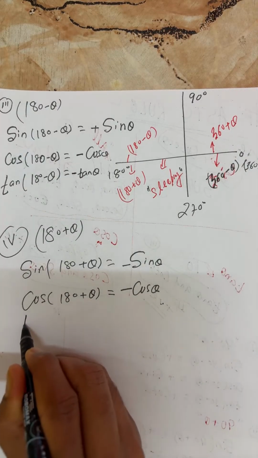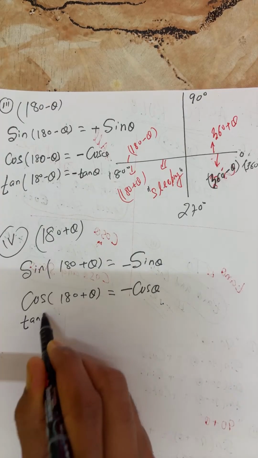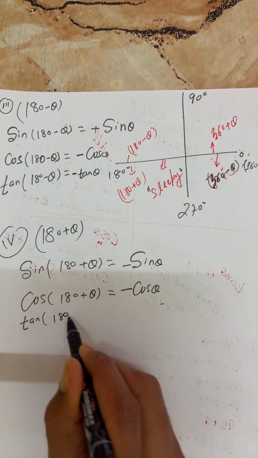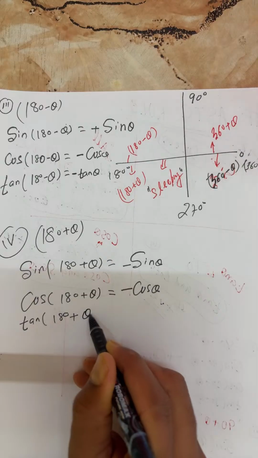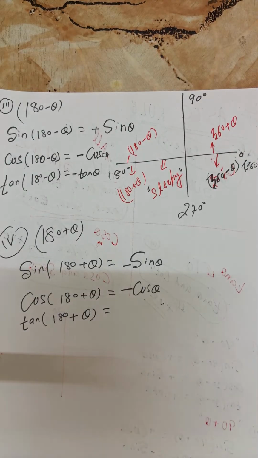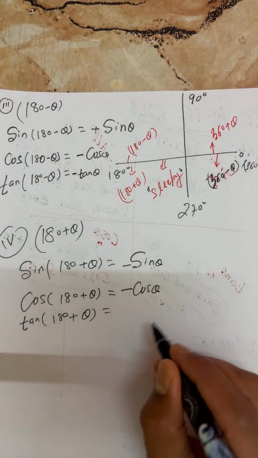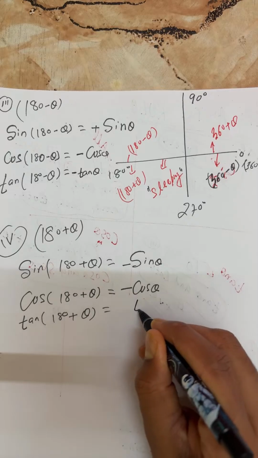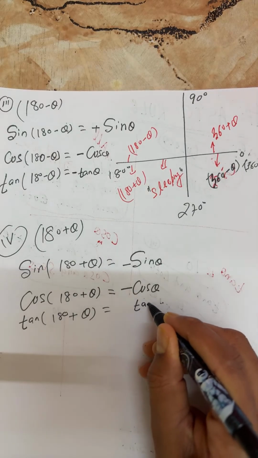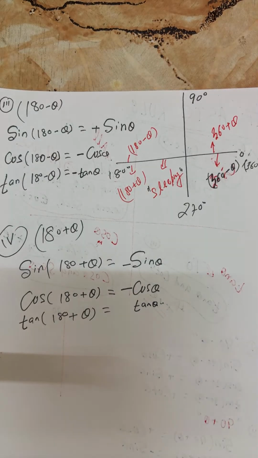Okay, now kids, next one here. Tan of 180 plus theta. We are pretty sure this is tan theta.